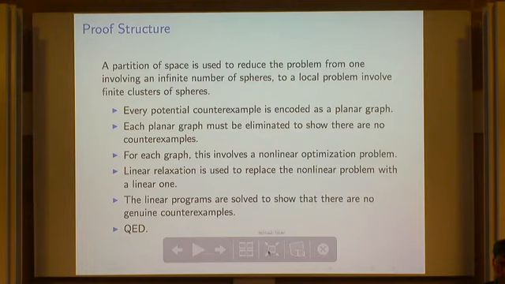You solve those linear programs and show that in every case you do not have a counterexample. So once you've ruled out all possible counterexamples, QED, you're done. The face-centered cubic packing has the best density. Okay, so that's the sketch of the proof in one slide, and you see here why planar graphs might be coming in, and nonlinear inequalities, and linear programs.